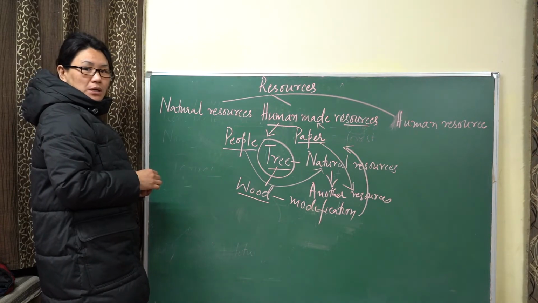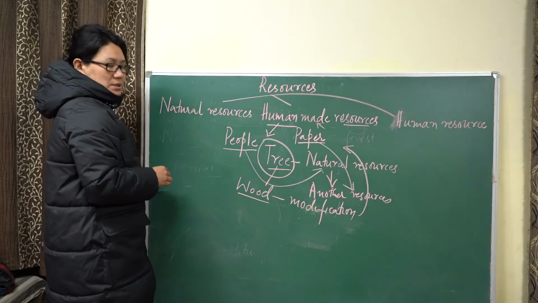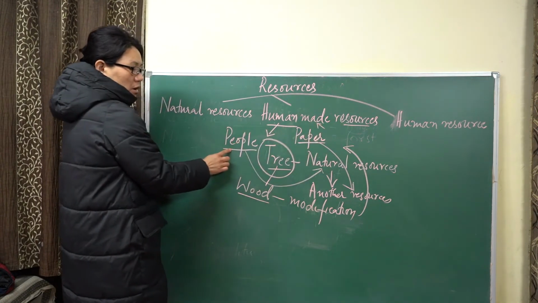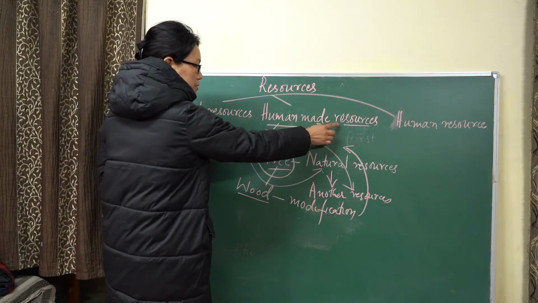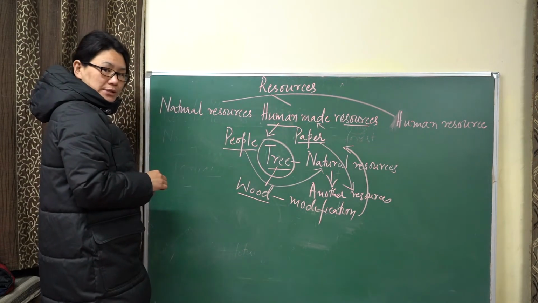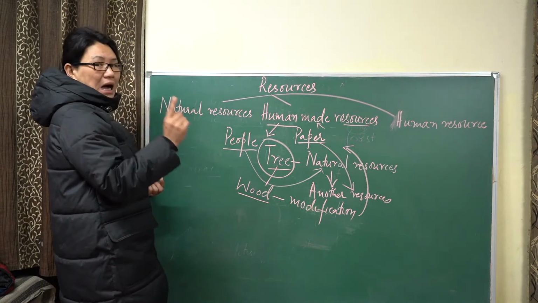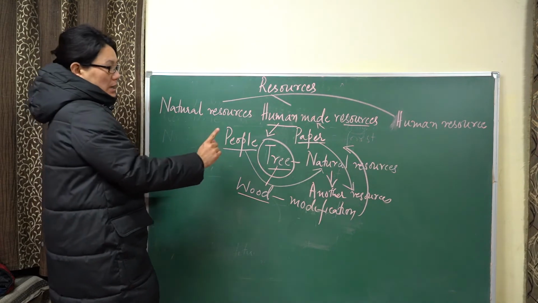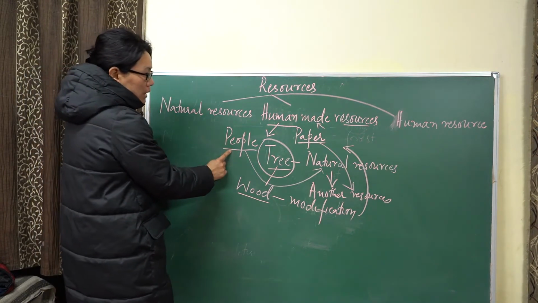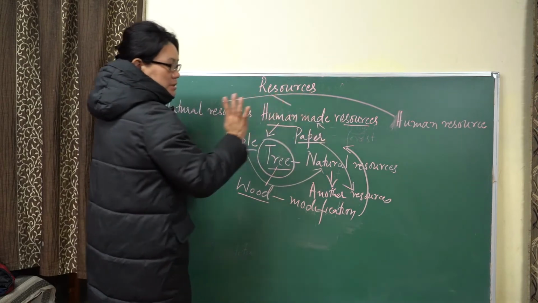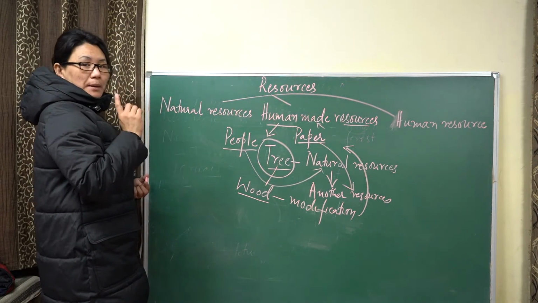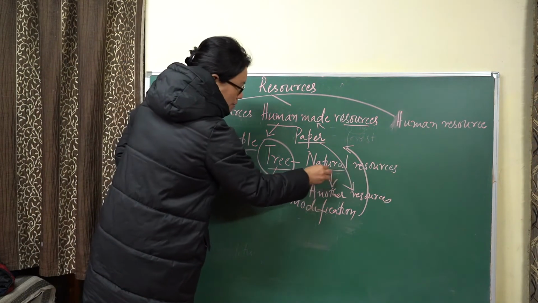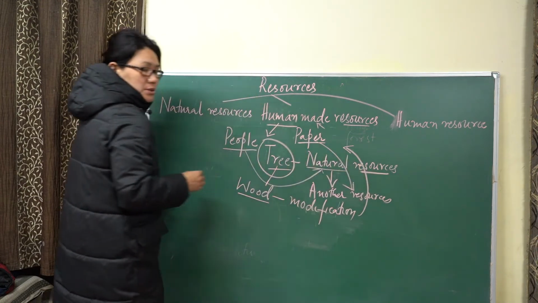So, what is happening here now? As I said before, resources which are made by the human or people are called as human-made resources. Alright? And how do people make resources? People make resources by using natural resources.